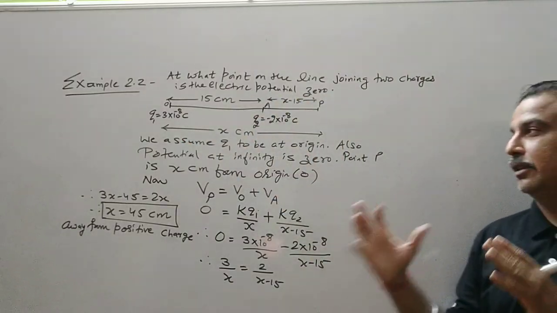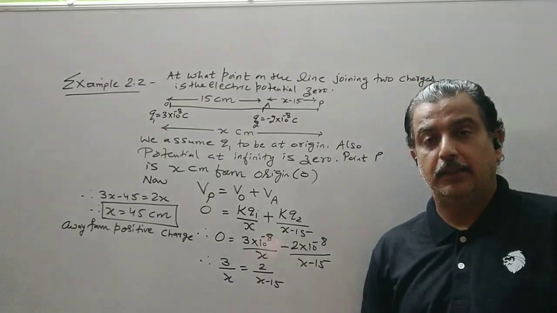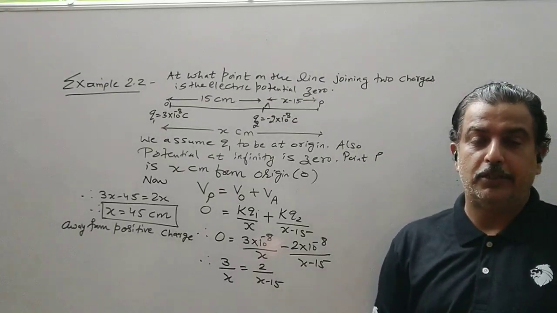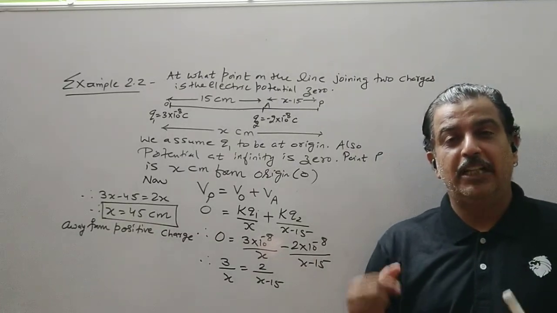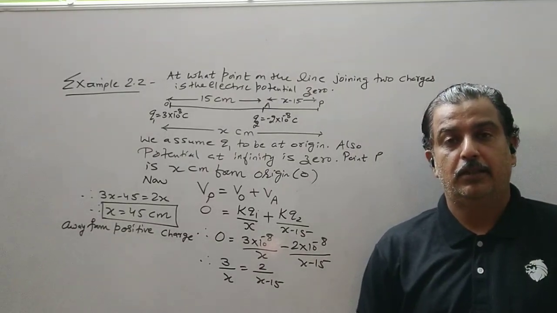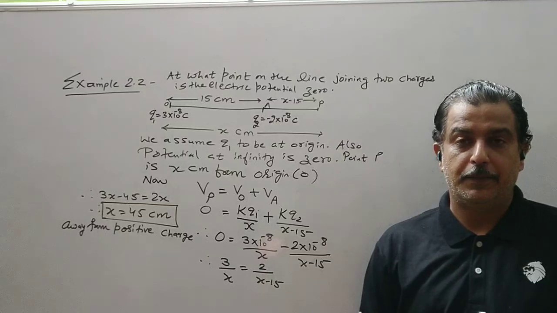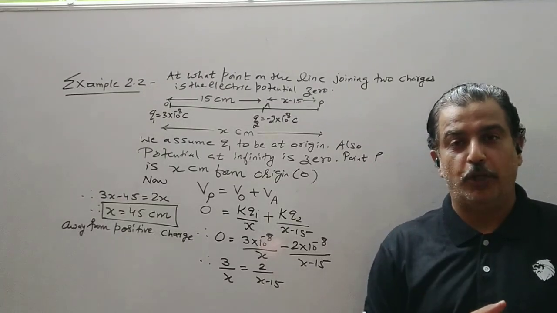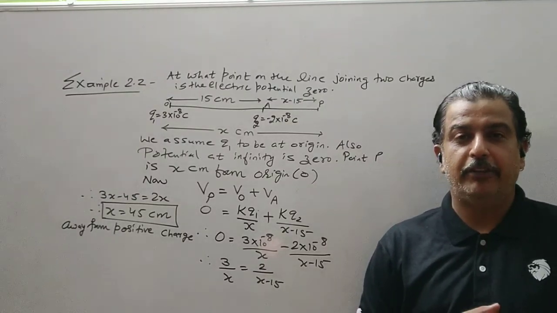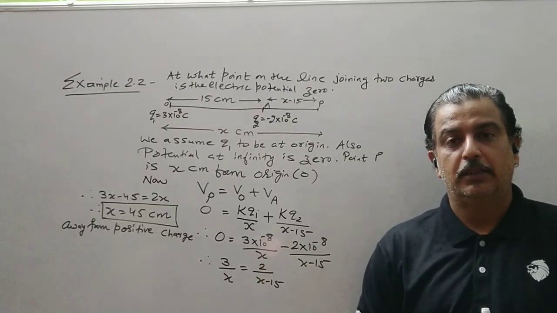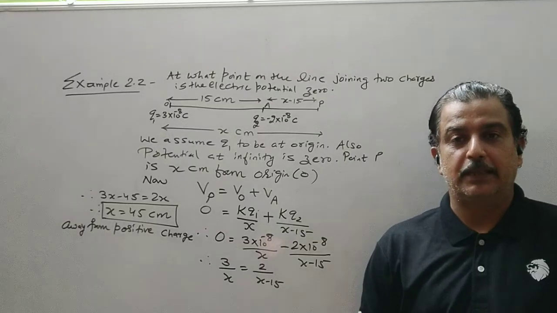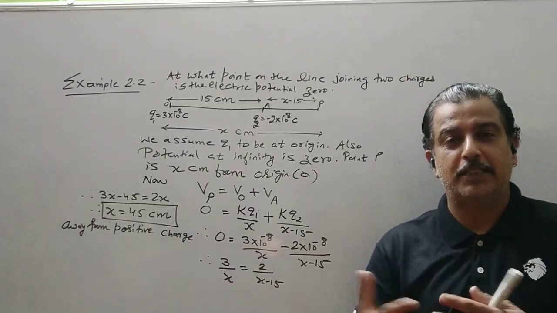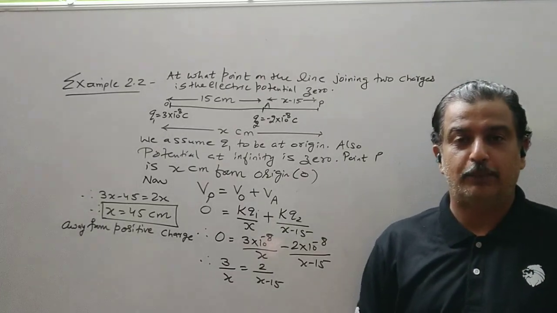Now there is another point where the potential is 0, and at that point we will spend energy against the field. So you have to find the point where we have the field, and suppose the field at that point is maximum, you have to spend that much energy so that the potential becomes 0.